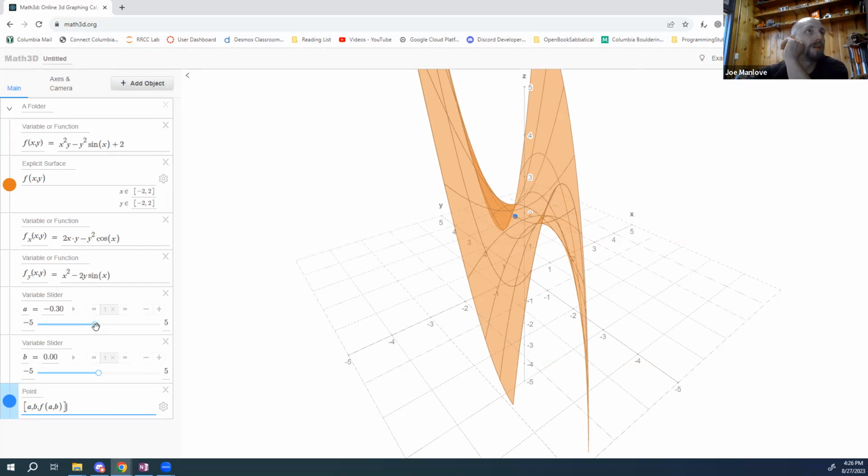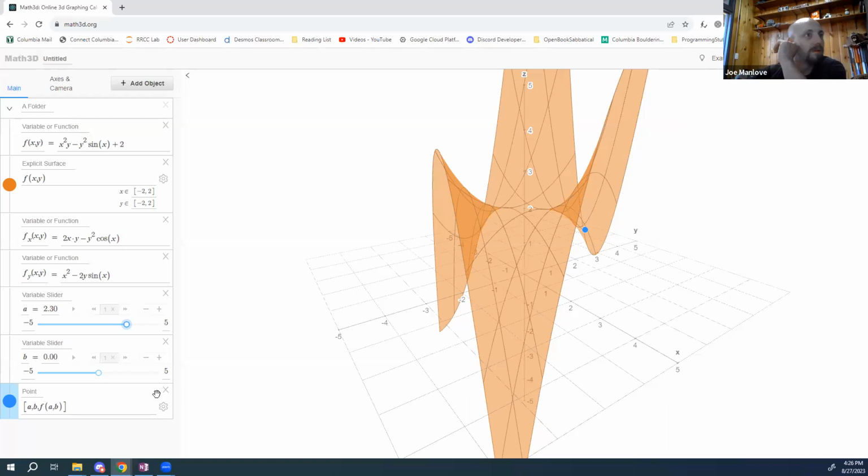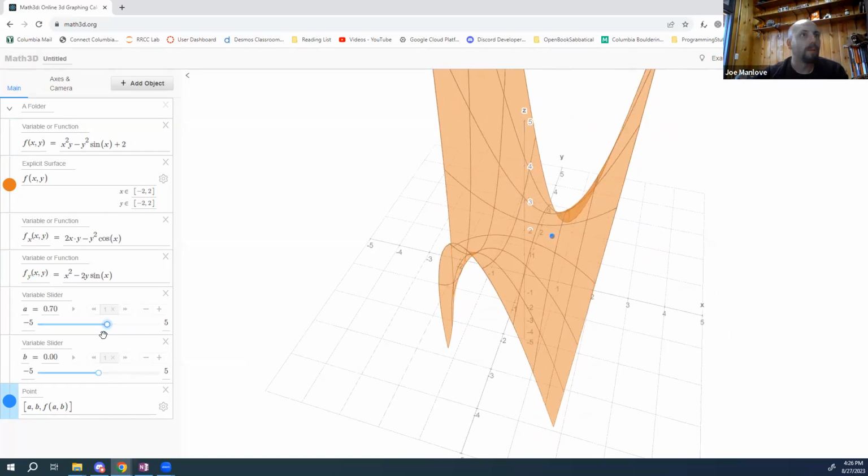Something's not working. Oh, it's just really flat there.